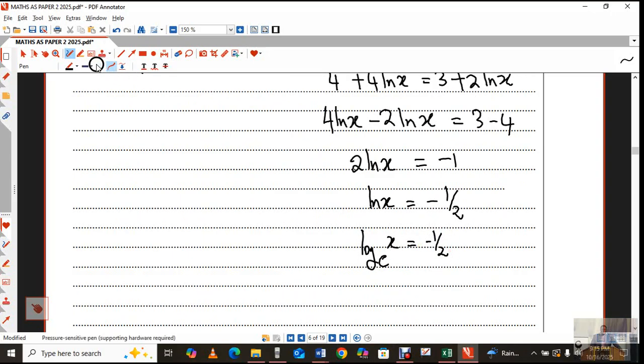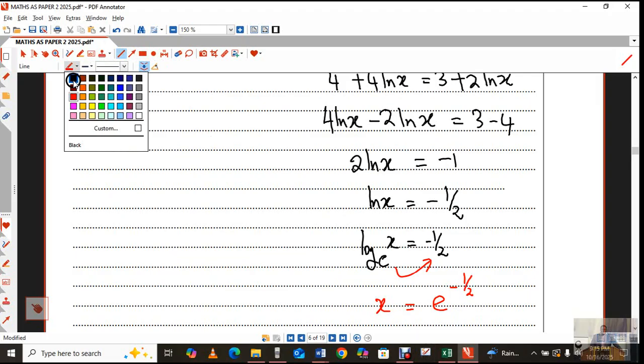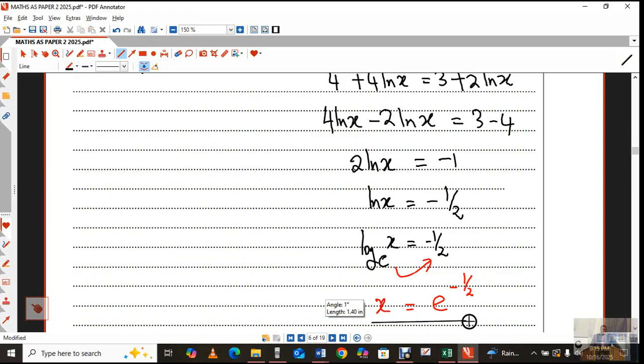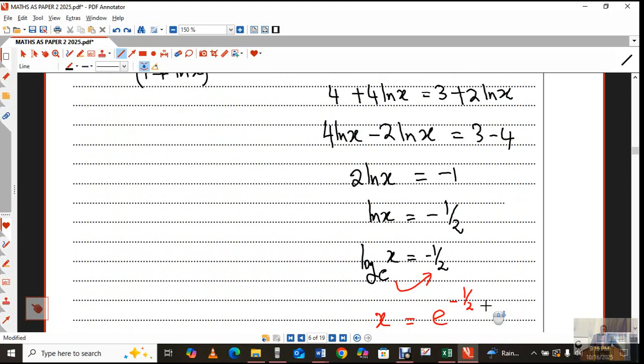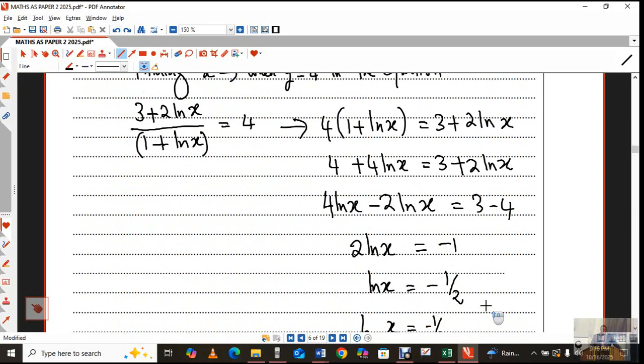So what I'm going to do then is change it from log form to exponential form. So that's e raised to the -1/2 power. So this is my value of x. Our x value is equal to this, and this is the x value that I'm going to input in my dy dx.